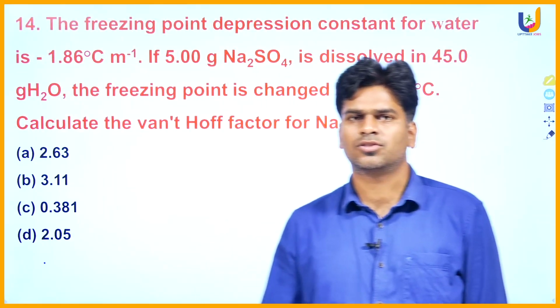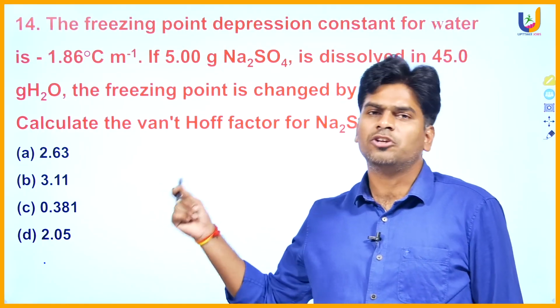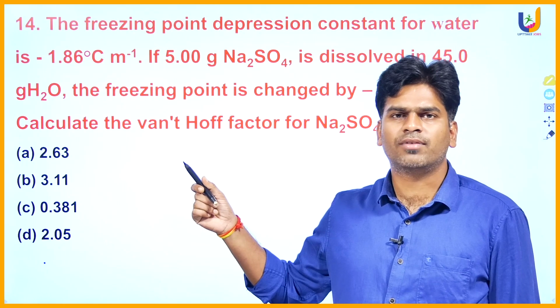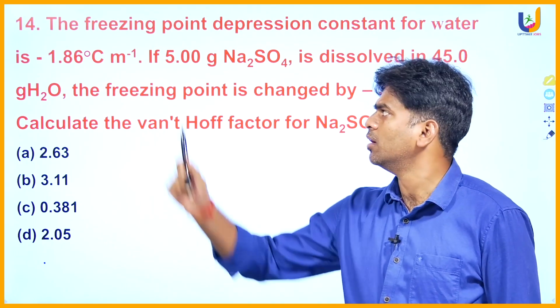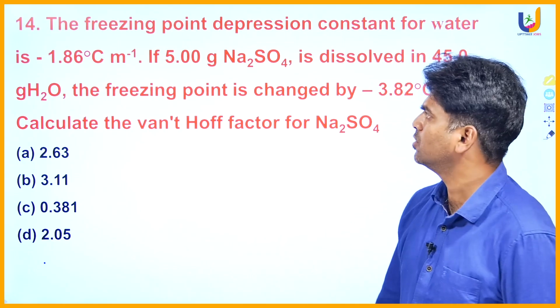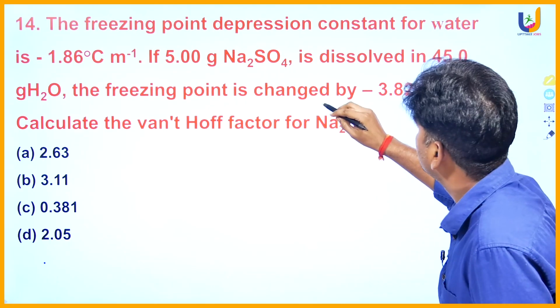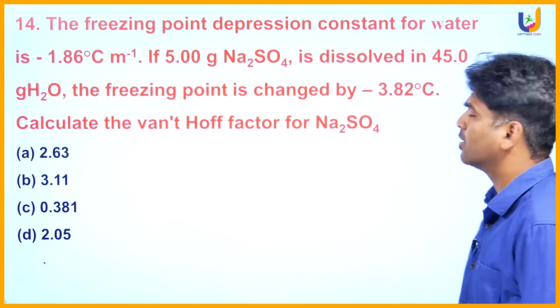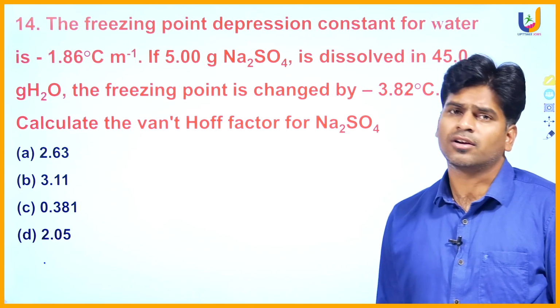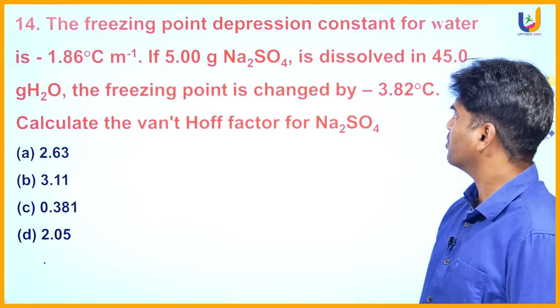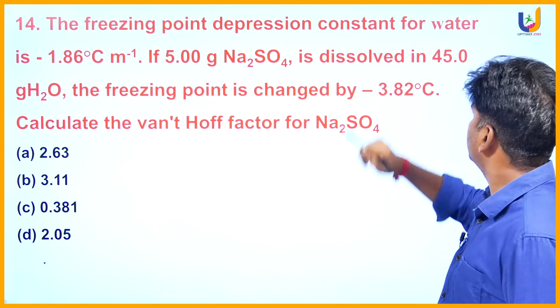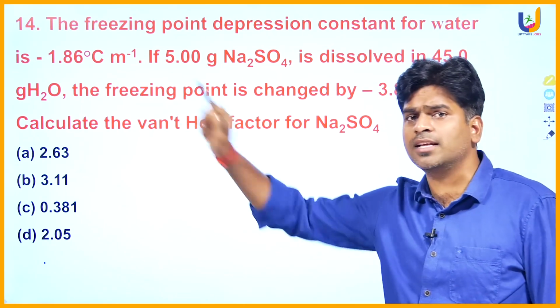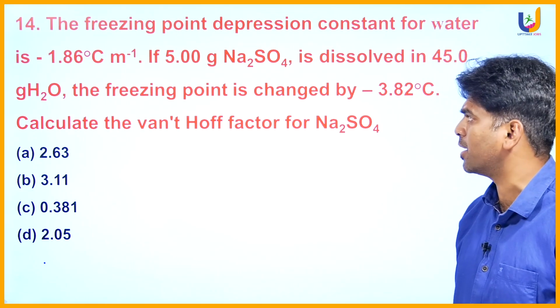Good evening children. So let's continue the solution topic. Till now we have discussed 13 questions, and now let's come to the 14th question. Check the freezing point depression constant, Kf. The freezing point depression constant for water is 1.86 degrees Celsius per molal.